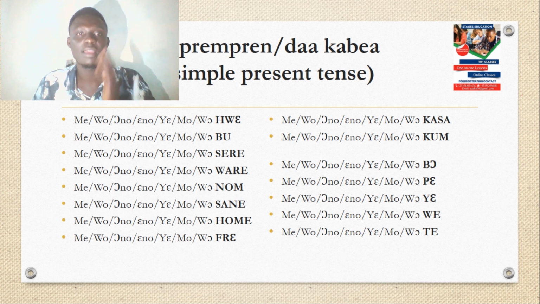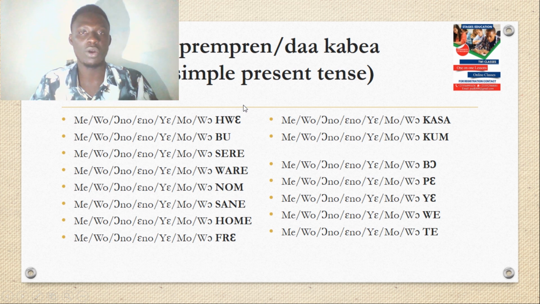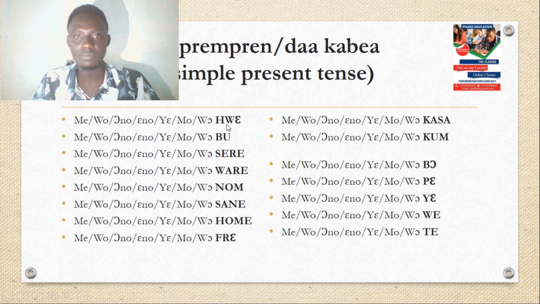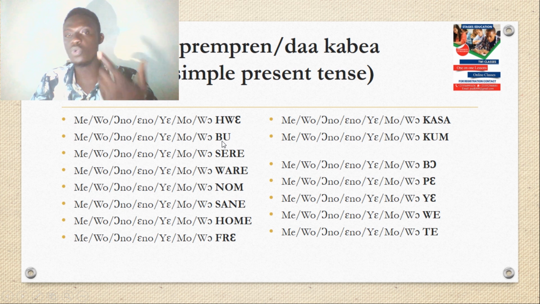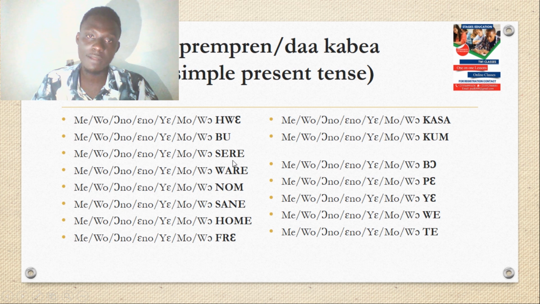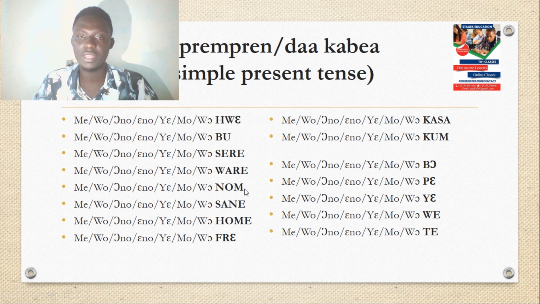We'll look at other verbs to see how they also sound. These are some of the verbs that we have, and we'll look at how we will add the sound. Earlier on, we used the verb di, which is to eat. Here we have the verb hwe, which is to look or watch, bu, to break, sere, to laugh, worry, to marry, nom, to drink.